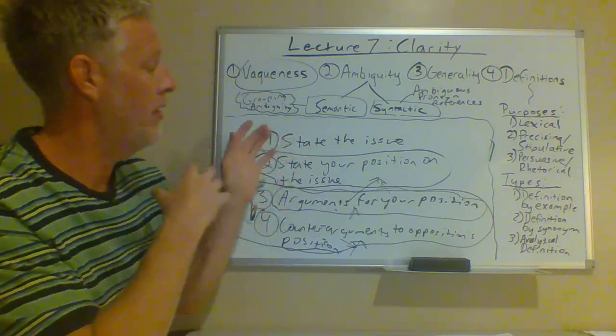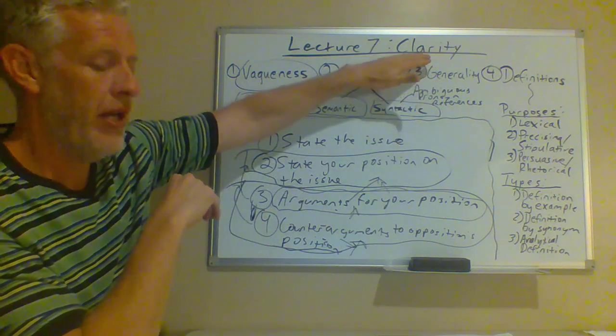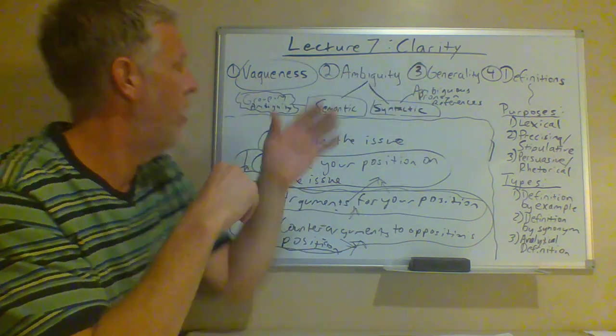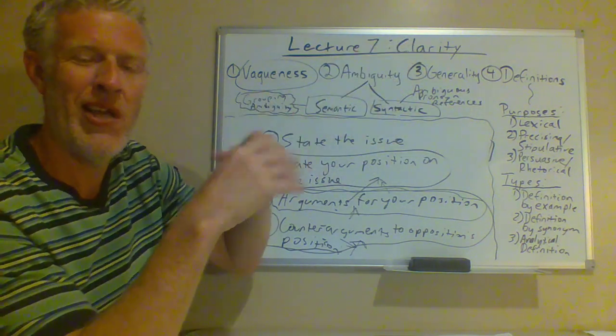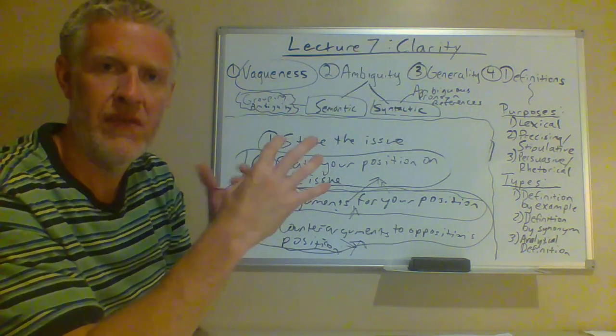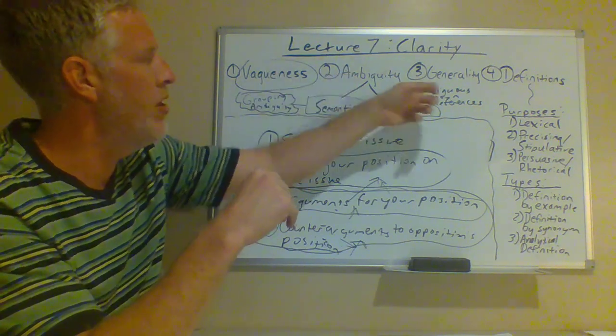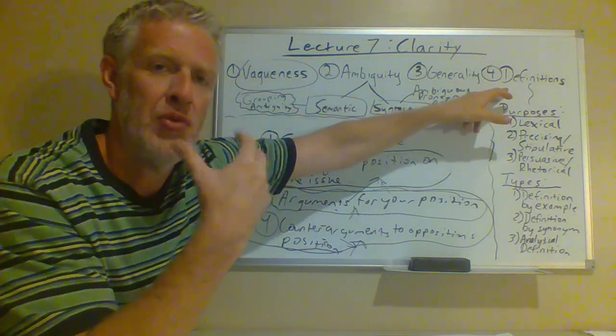Okay, so in this particular lecture, we talked all about clarity. We talked about the 4 major elements with respect to clarity that can get in the way, that we want to be cognizant of as critical thinkers: vagueness, ambiguity, generality, and issues with respect to definitions.